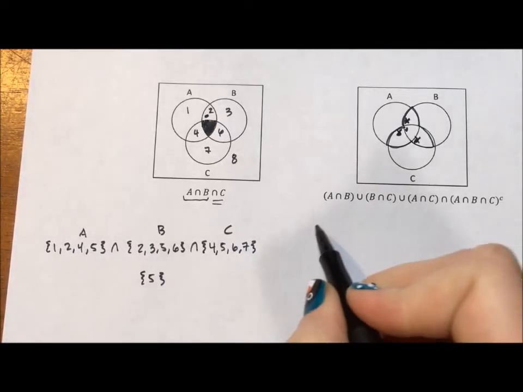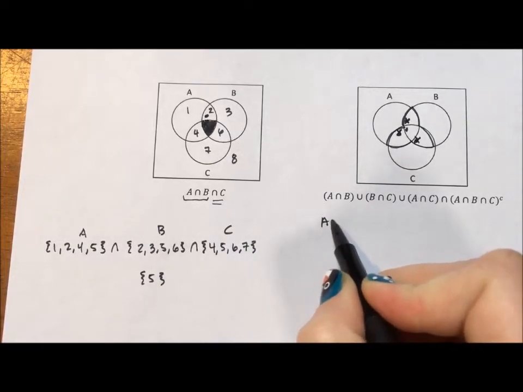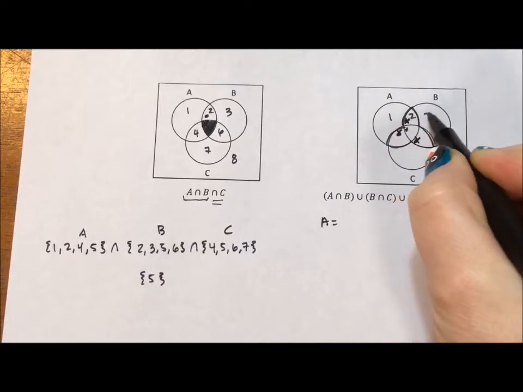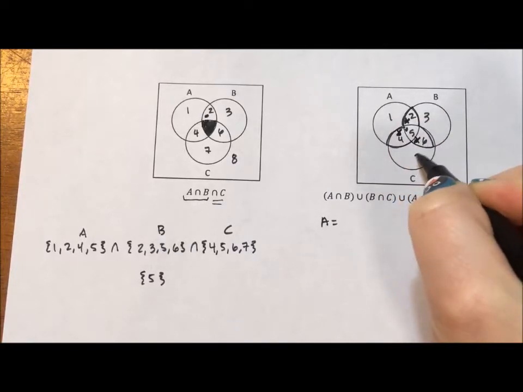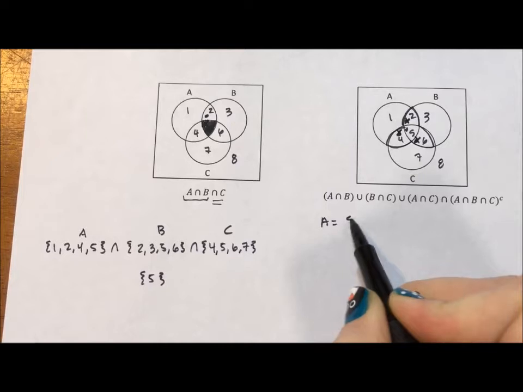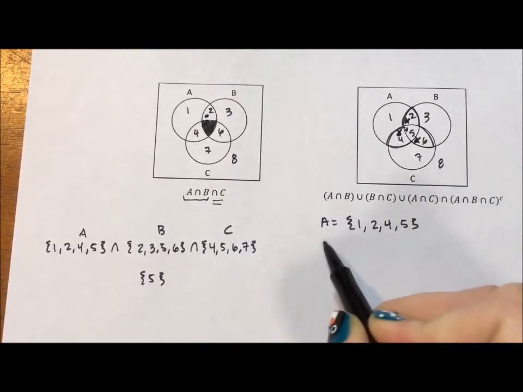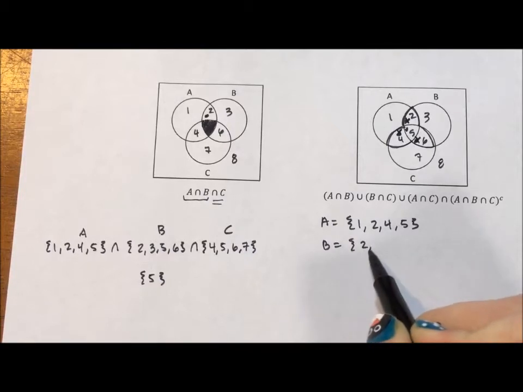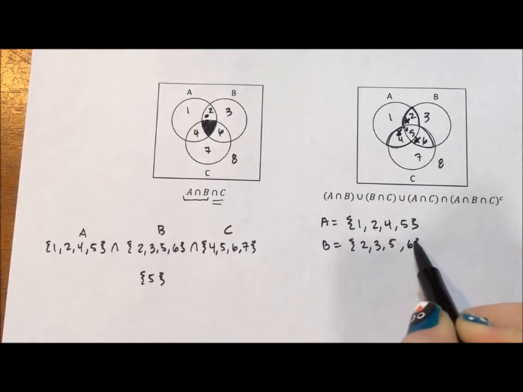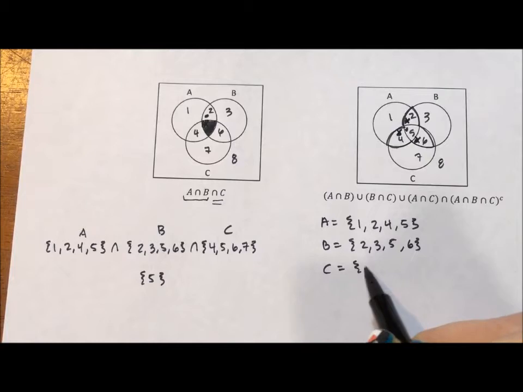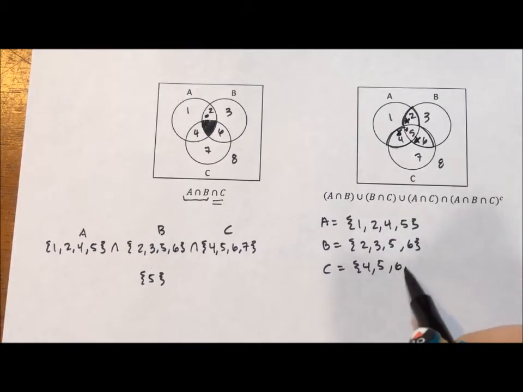Okay, so let's do numbering: 1, 2, 3, 4, 5, 6, 7, 8. A is made up of 1, 2, 4, and 5, and B is made up of 2, 3, 5, and 6, and C is made up of 4, 5, 6, and 7.